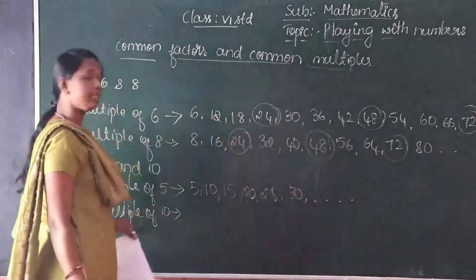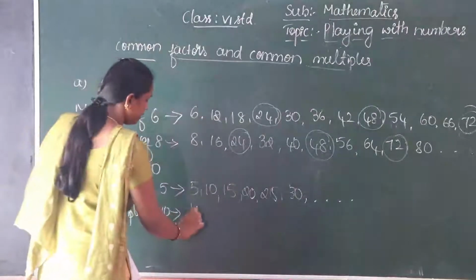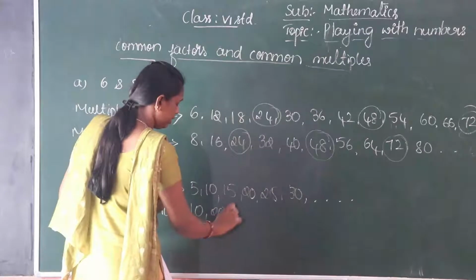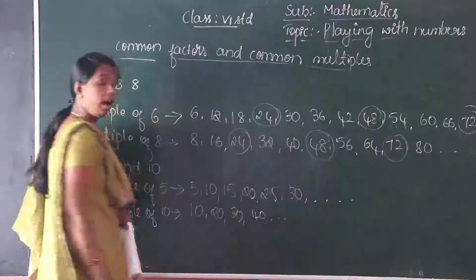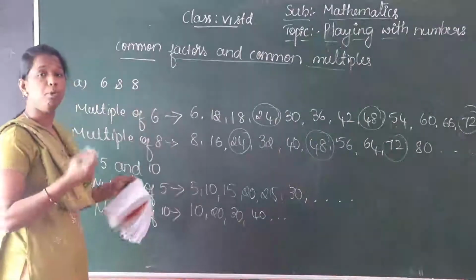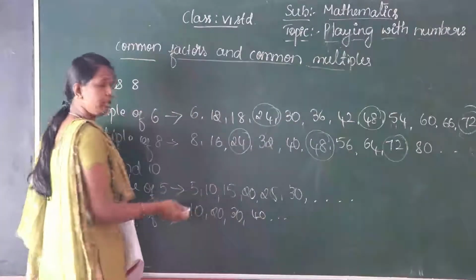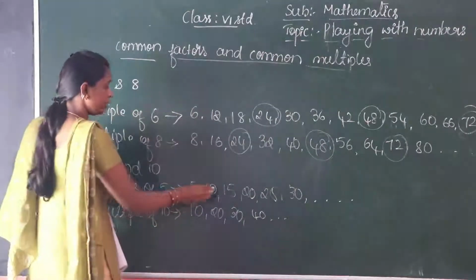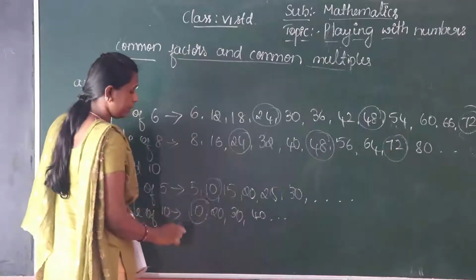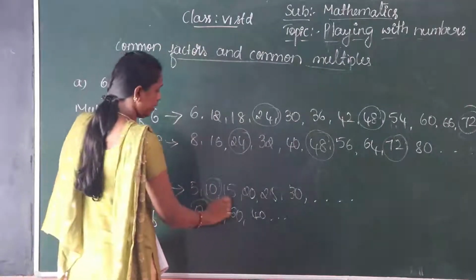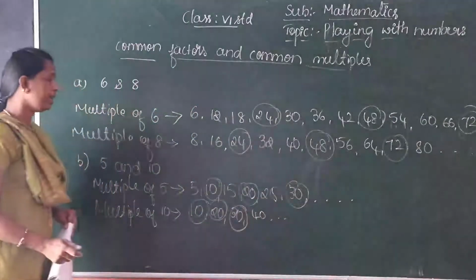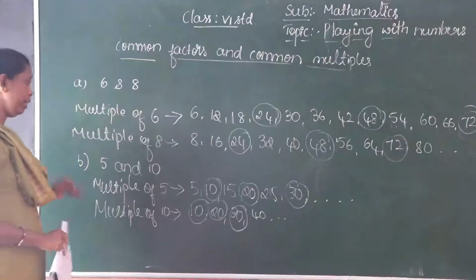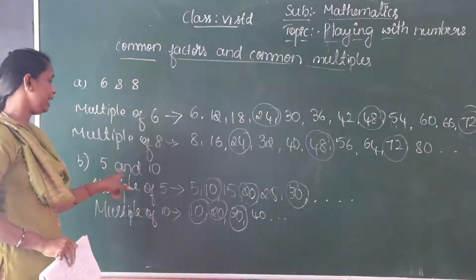For multiples of 10, we can write 10, 20, 30, 40. So write down up to 100, so we can get more multiples. Here I will take only these numbers. So here 10, 20, 30 are the common multiples of 5 and 10.